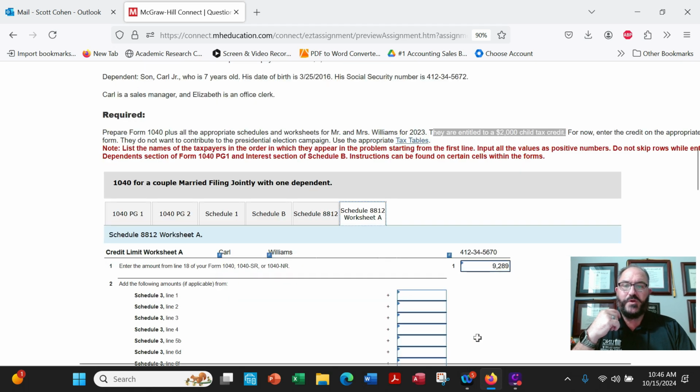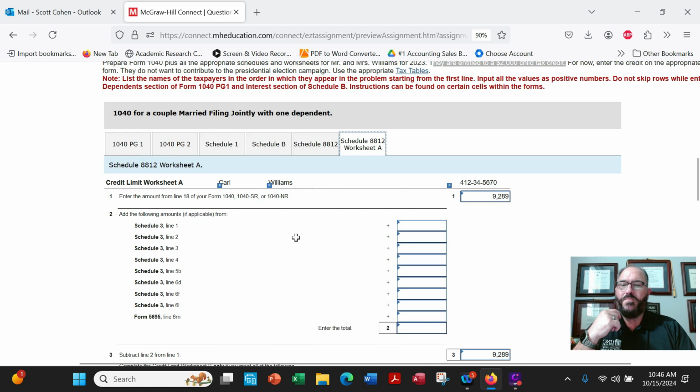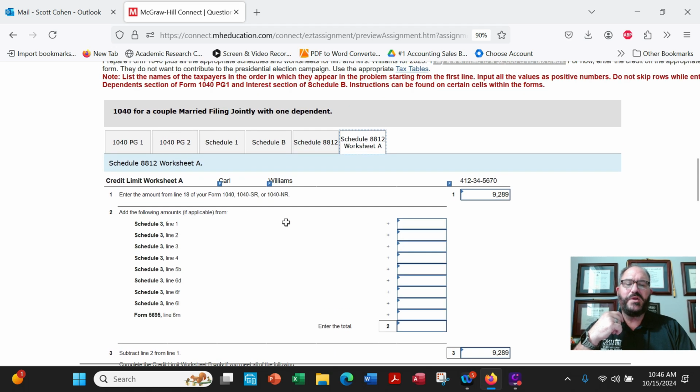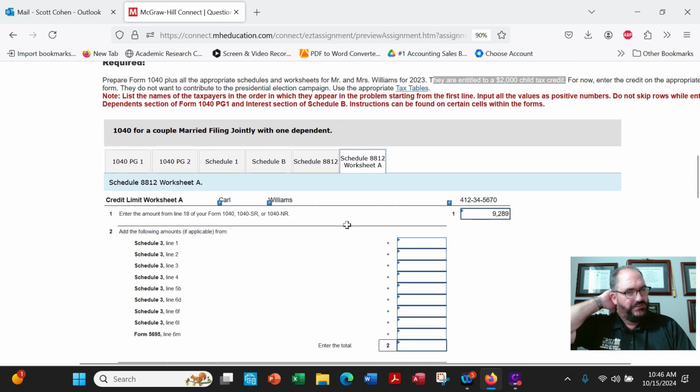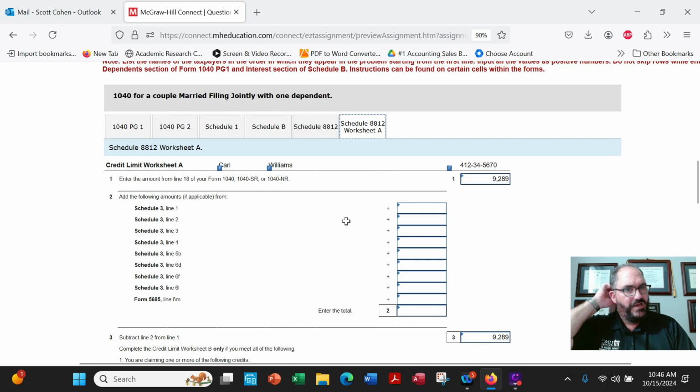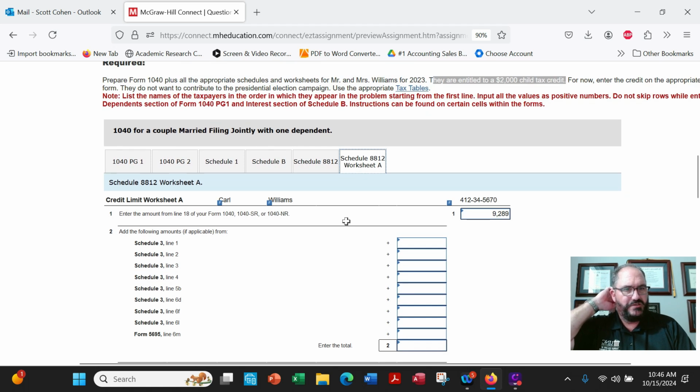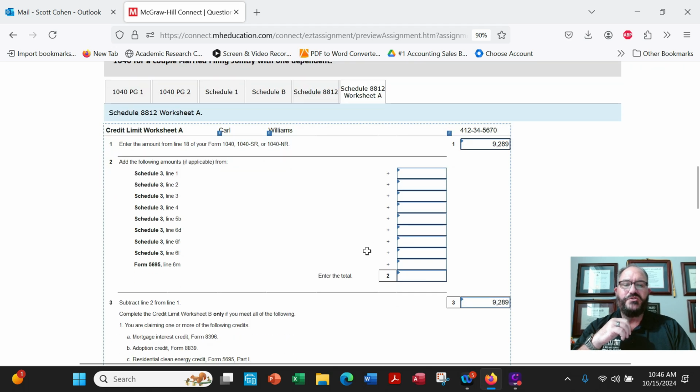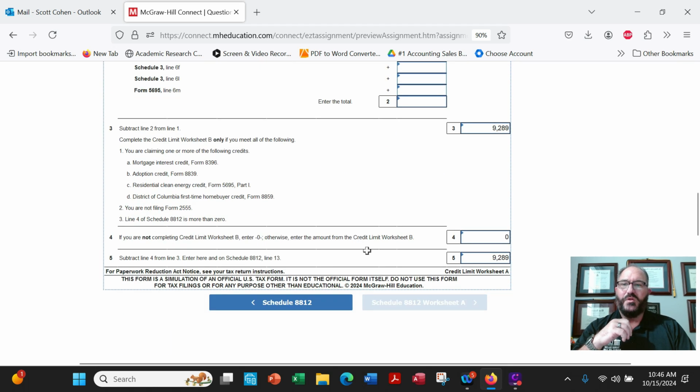Here's the worksheet for 8812. Okay, here's the credit limit worksheet. So the credit limit worksheet, what it is that you cannot, with this particular credit, depending upon the year, they take a look. So this says this is how much tax you owed, and that $2,000 is what's lowering it.